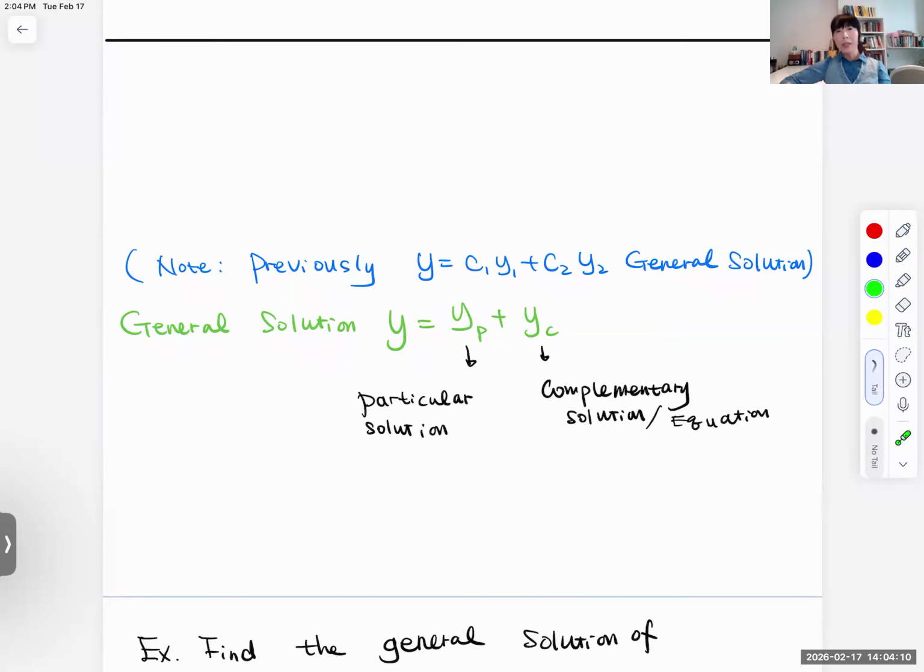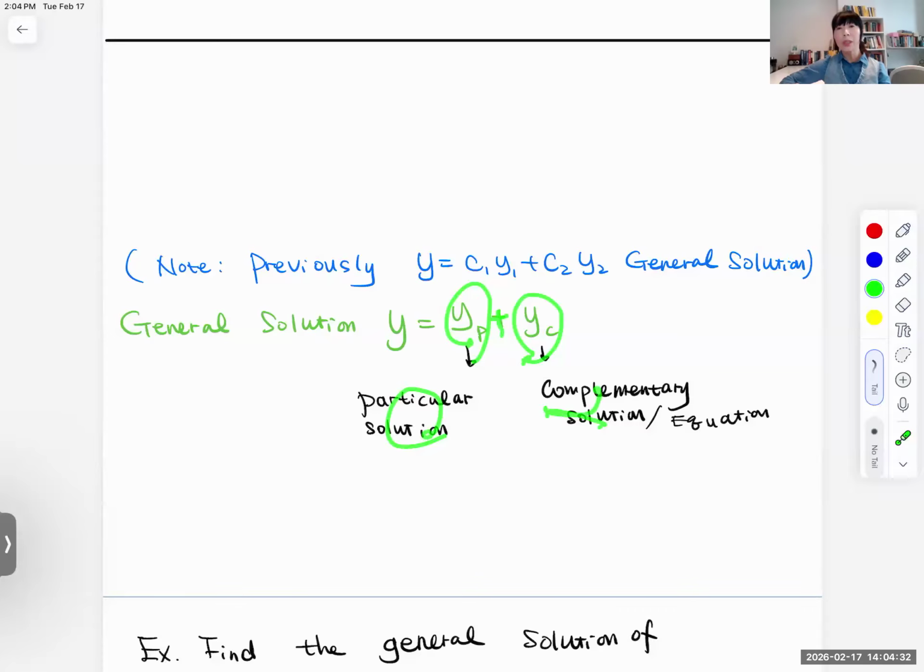Basically, the general solution in this section for a non-homogeneous linear second order equation is the particular solution plus the complementary solution, right?